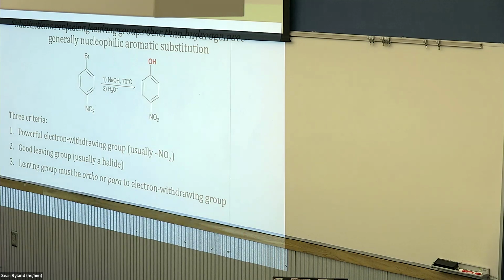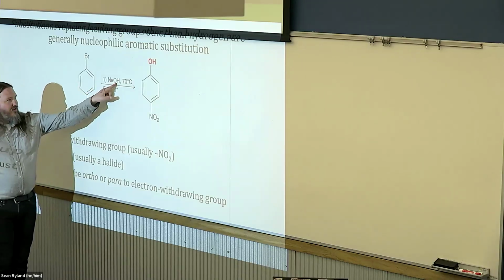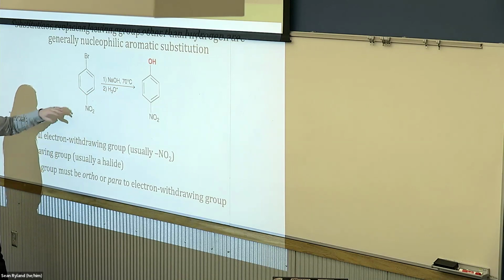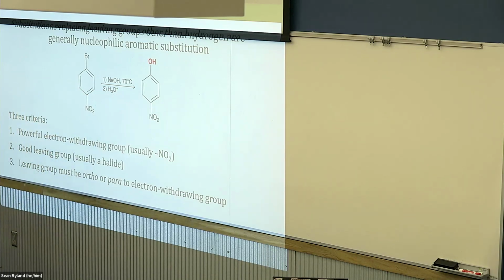Like I said, there's a lot of caveats here. You need a strong nucleophile. You need a strong electron withdrawing group, which is usually NO2, which has to be in the ortho or para position to your leaving group. And when I say good leaving group, use our standard definition there: halogen.